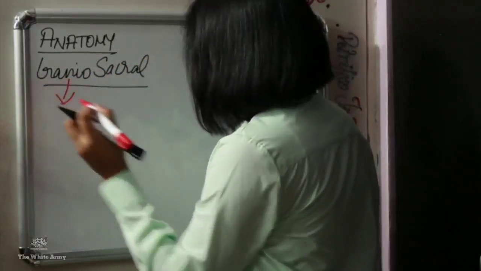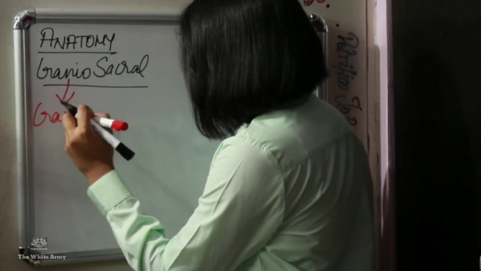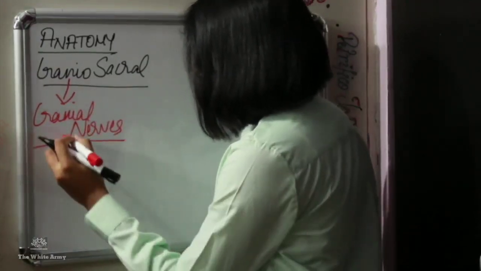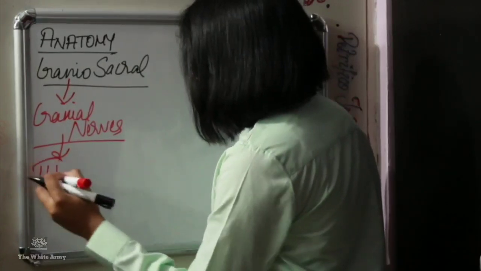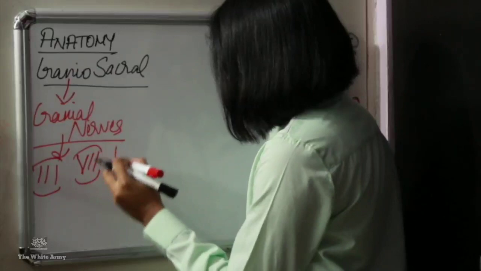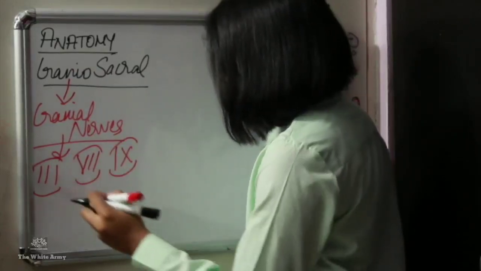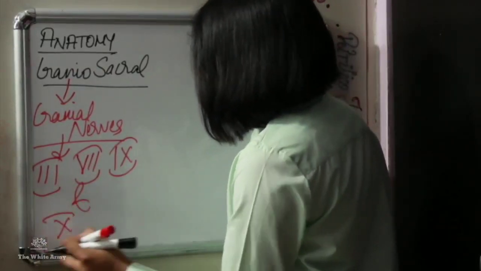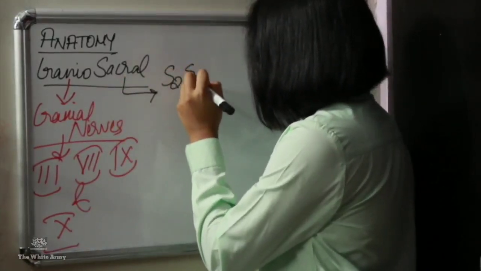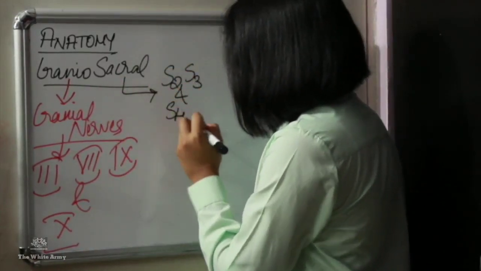The term cranial over here refers to cranial nerves. And which cranial nerves are there? So, number 3, the oculomotor nerve. Number 7, the facial nerve. Number 9, the glossopharyngeal nerve. And number 10, the vagus nerve. And sacral here refers to S2, S3 and partly S4 as well.